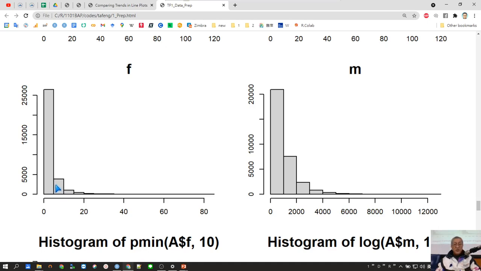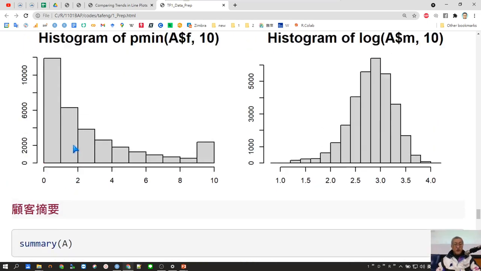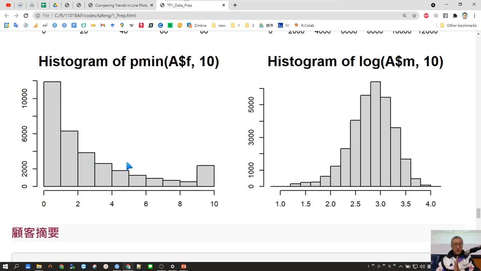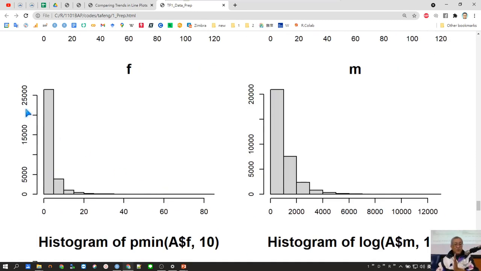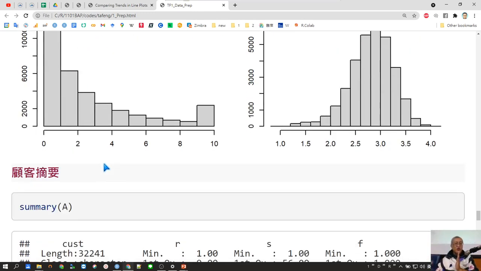Okay, so if your data is like this, sometimes you want to do a p-minimum on this column. This is one of the techniques to treat this. We call this distribution skewed, skewed to the right. It's very heavily skewed.